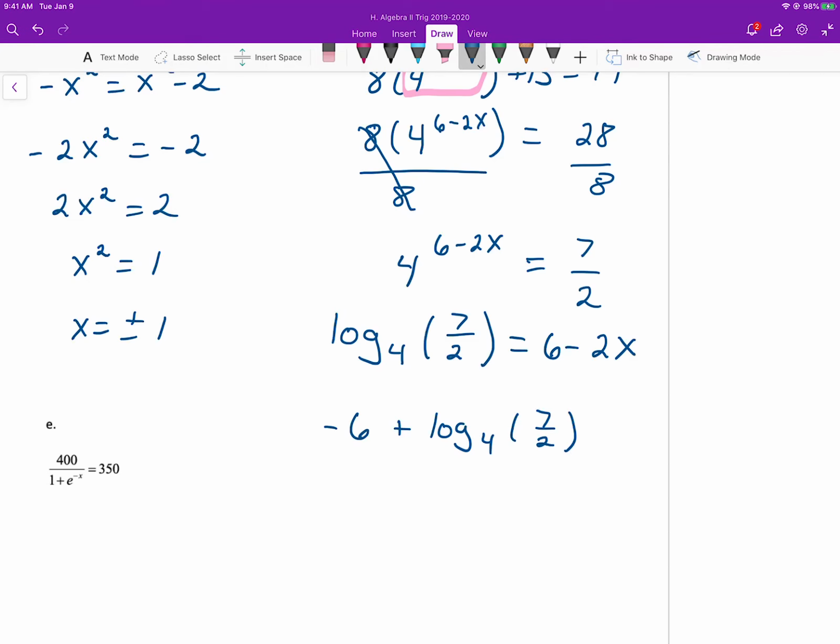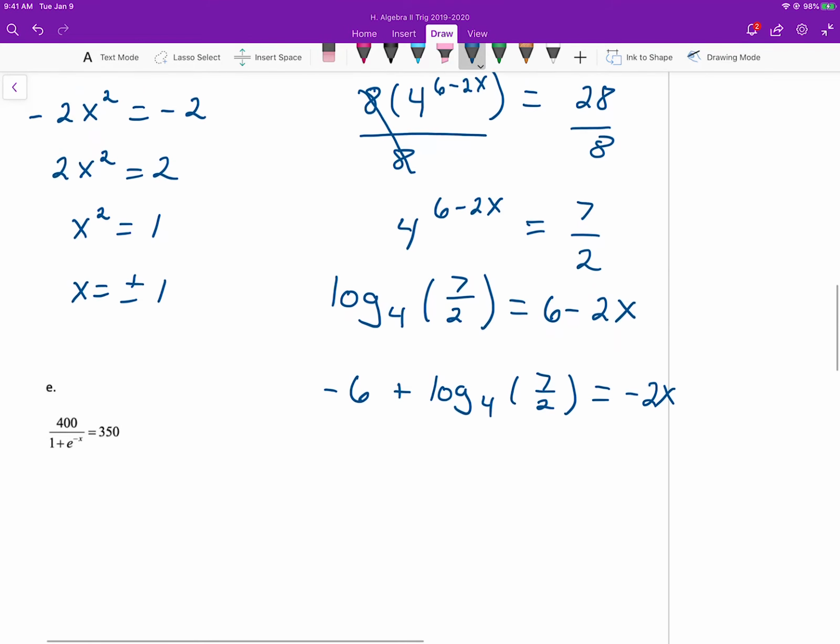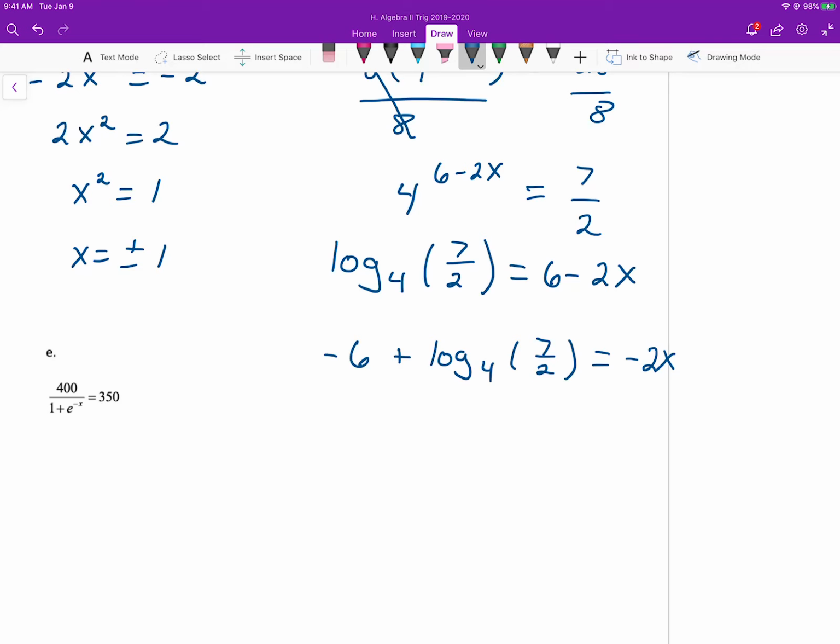7/2 equals negative 2x. And the last step, if we're solving for a variable, we're going to divide by negative 2.